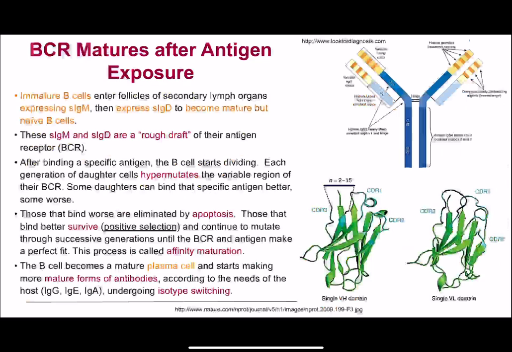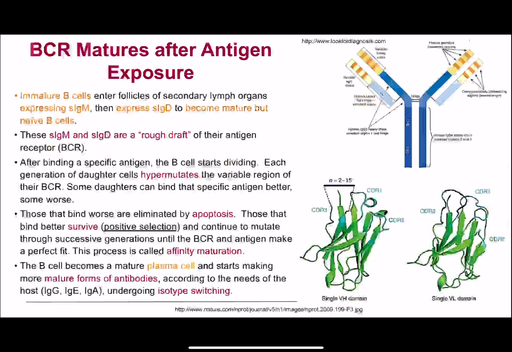That's called affinity maturation. You'll revisit this again with Dr. Prater. Since this is your receptor lecture, I'll at least introduce it a little bit here. And as the affinity of that B cell receptor increases, you have more mature forms of the antibody that are produced.